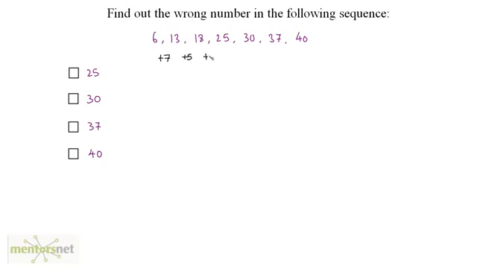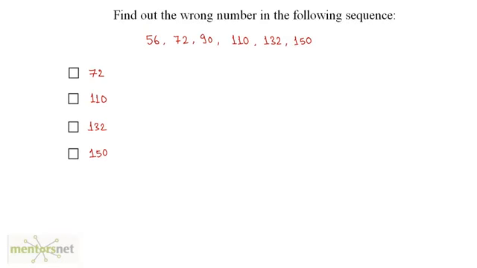And 18 plus 7 gives you 25, and 25 plus 5 gives you 30, and 30 plus 7 gives you 37, and here 37 should be added with 5 to obtain the next number, right? So this next number is wrong, isn't it? 37 plus 5 should give me 42. This should be 42, right? Hence this is the wrong number. So option D is the correct answer.